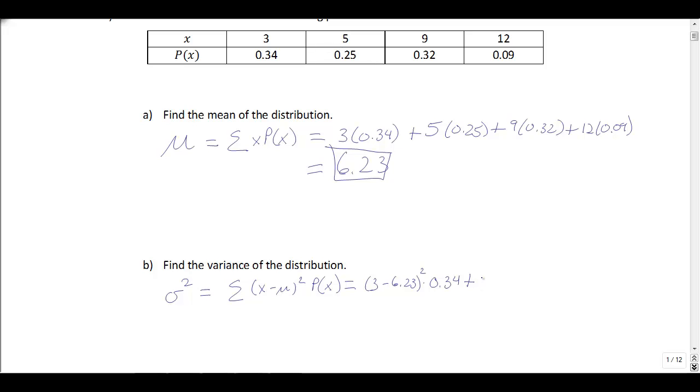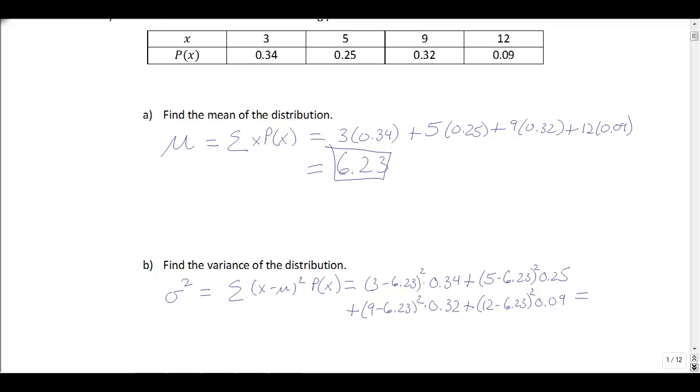Plus for the 5, I get 5 minus 6.23 squared times 0.25. Plus for the 9, I get 9 minus 6.23 squared times 0.32, plus 12 minus 6.23 squared times 0.09.